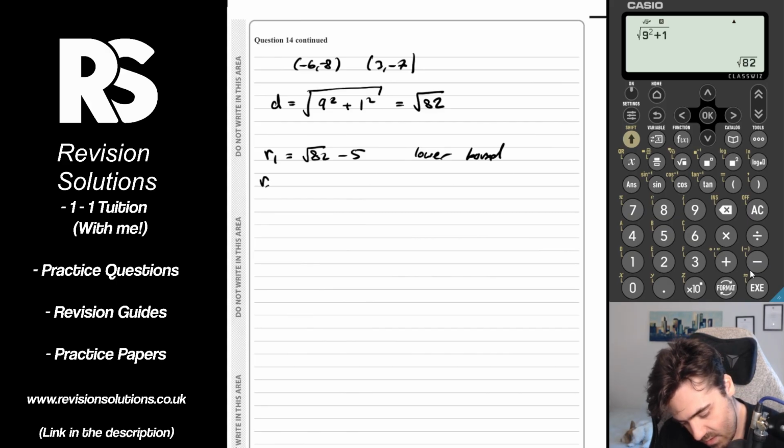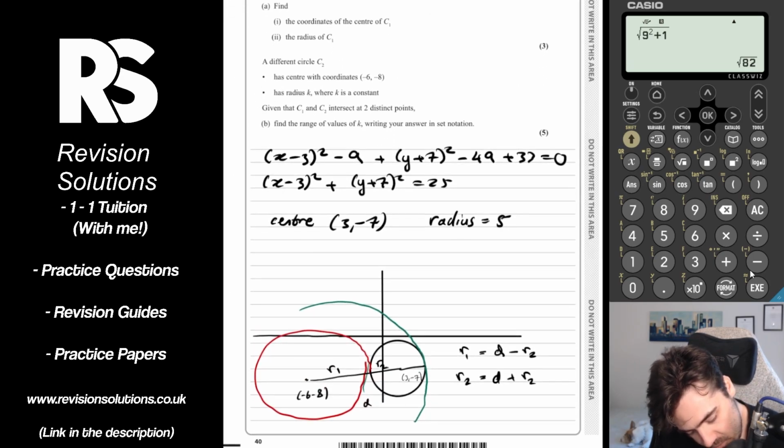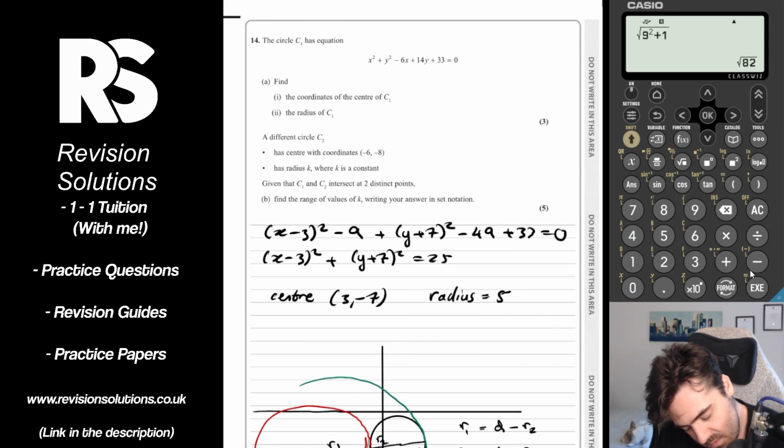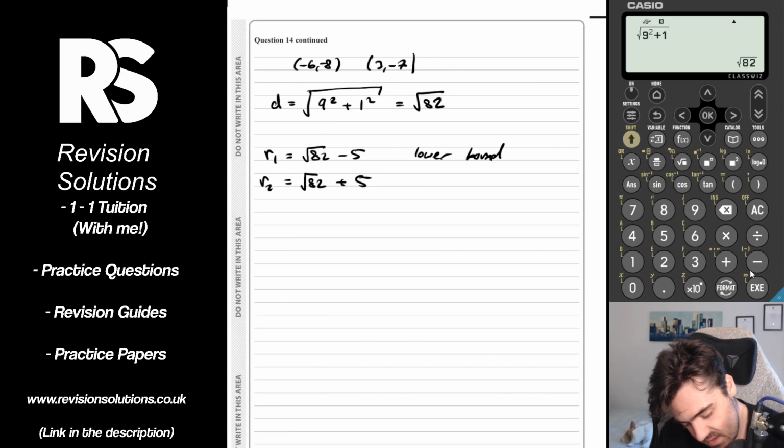And the upper radius, R2, was the full distance plus that radius, root 82 plus 5. And then this actually needs to be about k. Well, k was just actually the radius, so that means k needs to be between root 82 minus 5 and root 82 plus 5.